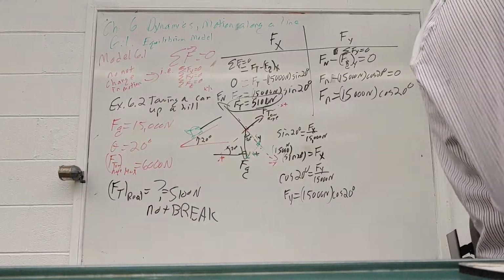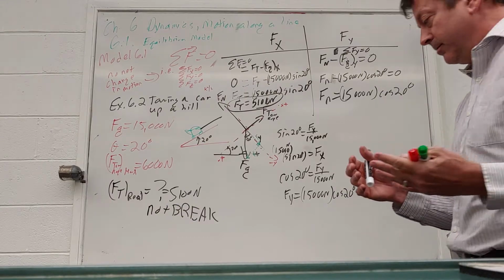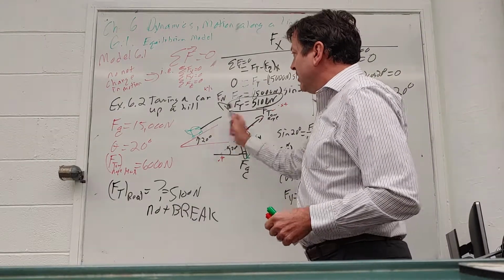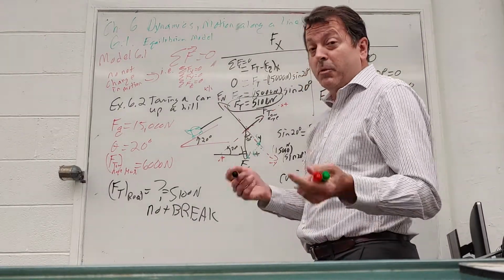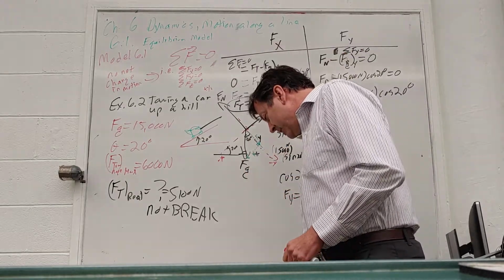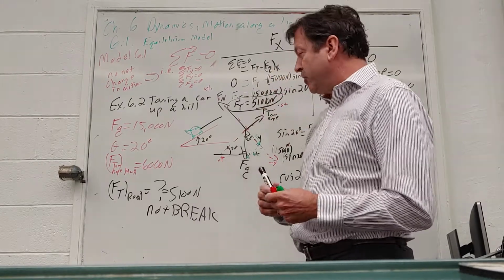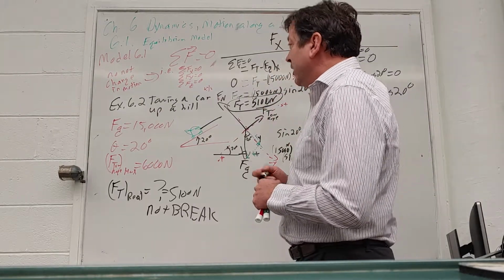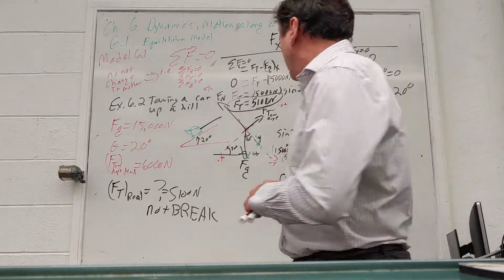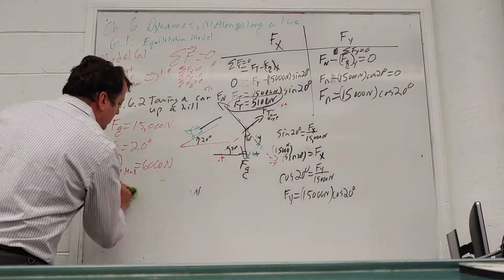Now, the question is, that's a static system. In other words, it's constant velocity going up the hill. It is moving, but it's constant velocity, no change in motion. When you get to dynamics, which is section 6.2, you're using Newton's second law.